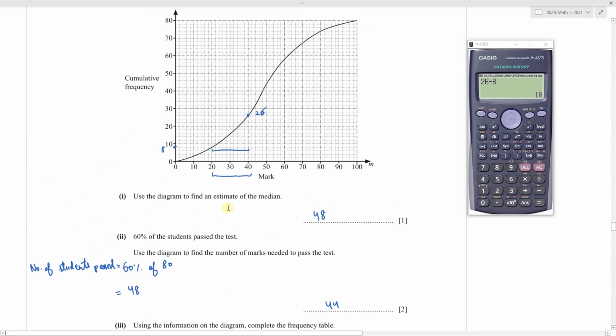Next interval is 40 to 60. 60 touches here, which is 58. So now you're looking for frequency in this range. The cumulative frequency at the end of this range is 58. At the start is 26. So this will be 58 minus 26, which is 32.